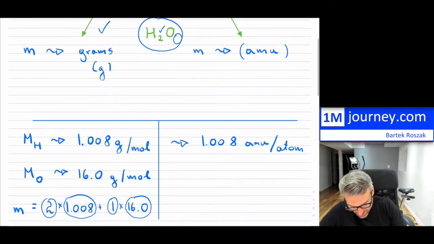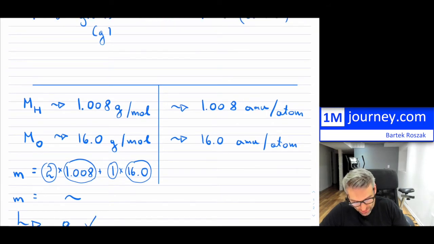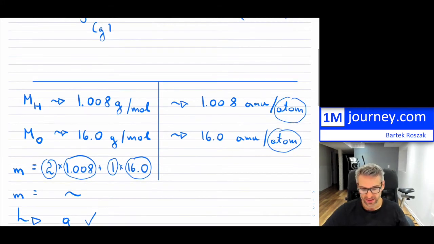The same thing here: you would write that this is 16, approximately, atomic mass units per atom. Very often in these questions, they may drop this per atom. It's kind of assumed. So you might see that the mass is 1.008 AMU, but it is per atom, per 1.